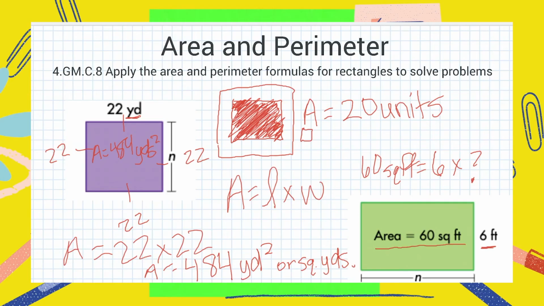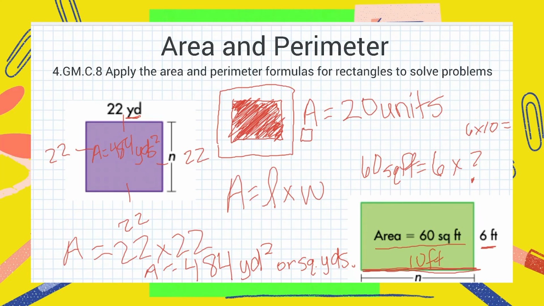What times 6 equals 60? That's right, 10. 6 times 10 equals 60. So that means the length of this figure, the length of this side, is equal to 10 feet.